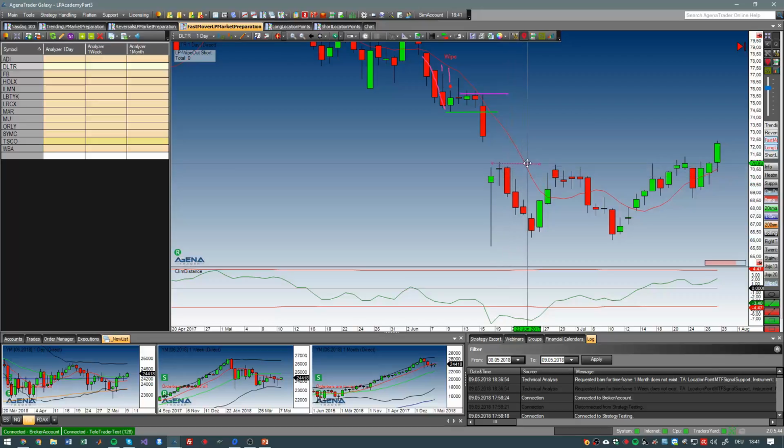When this closes, the hard stop will still be here, because the hard stop cannot be moved up, only down. Then the hard stop will be here, the market is moving down. This is how it will look at this candle.